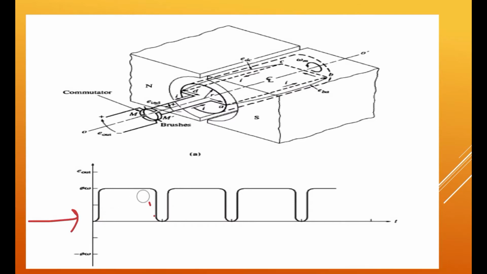So we are trying to get DC, direct current, which is here. It will be a straight line. If we increase the number of loops, we will get, at the end, a straight line DC output, by using the commutator and brushes. Okay, we have commutator and brushes.